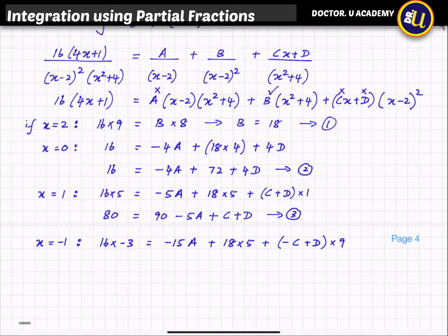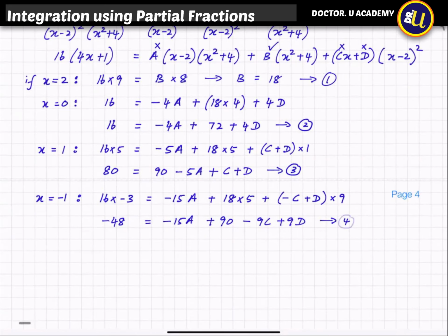Now here you get minus 48 is equal to minus 15a plus 90 minus 9c plus 9d, and that is my fourth equation. So now if you check equations number 2, 3 and 4, we have 3 simultaneous equations and 3 variables, so we should be able to find a, c and d.